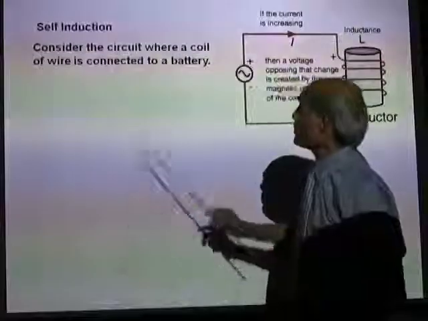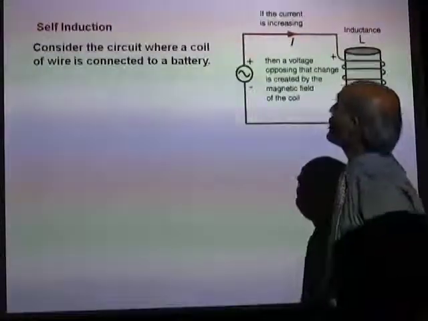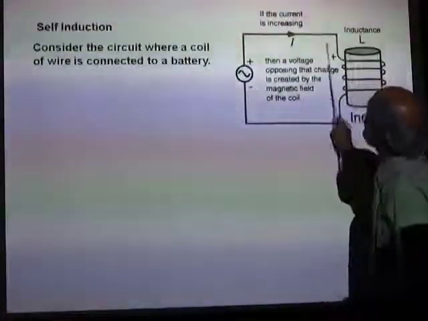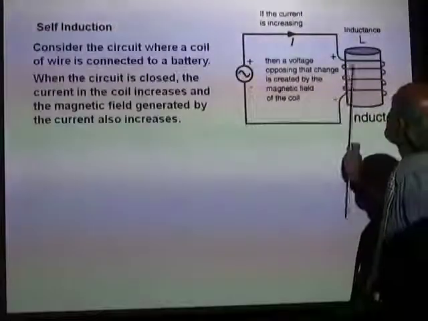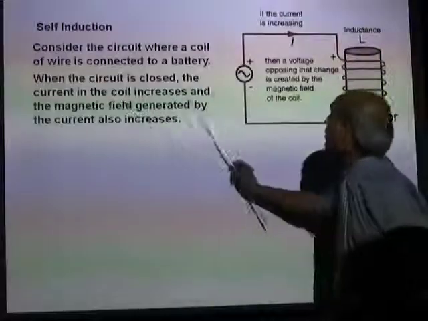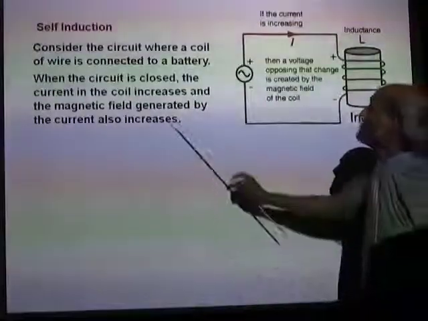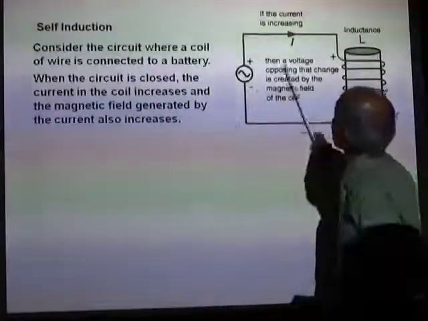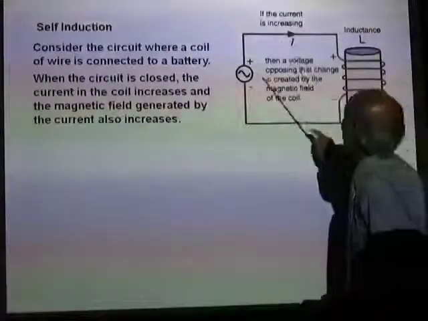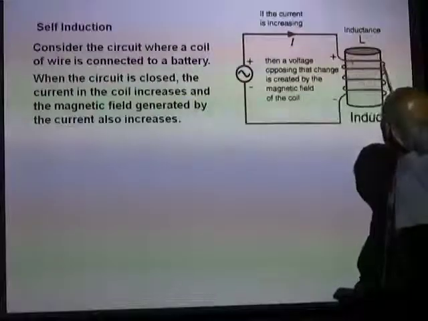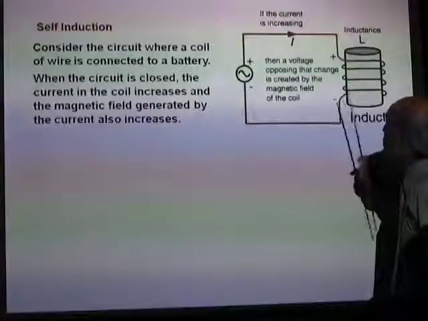Alright, so consider the circuit where a coil of wire is connected to a battery. When the circuit is closed, the current in the coil increases and the magnetic field generated by the current also increases. That means as the current is turned on, the current in this coil increases.